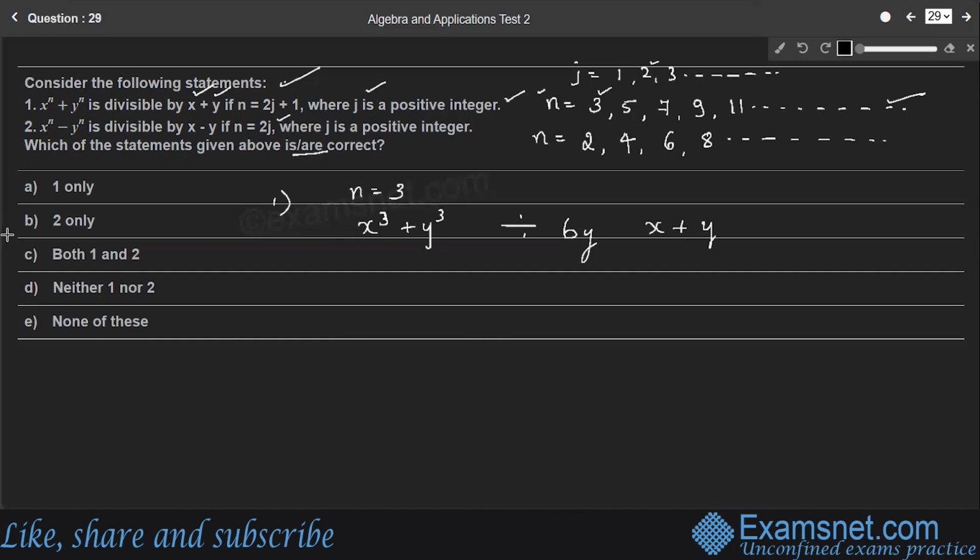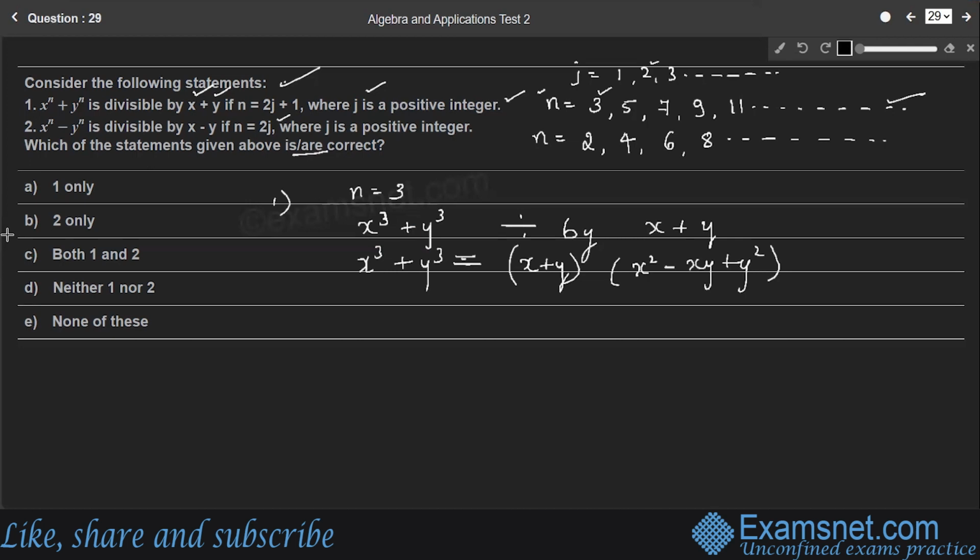For that, let us consider factors of x cube plus y cube. So the factors are x plus y into x square minus xy plus y square. When you expand x cube plus y cube, the formula says x plus y into x square minus xy plus y square.